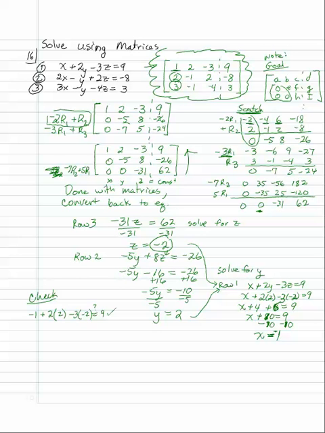Check. 2 times negative 1 minus 2 plus 2z. Does that equal negative 8? So I get negative 2 minus 2 minus 4 is negative 8. Check.